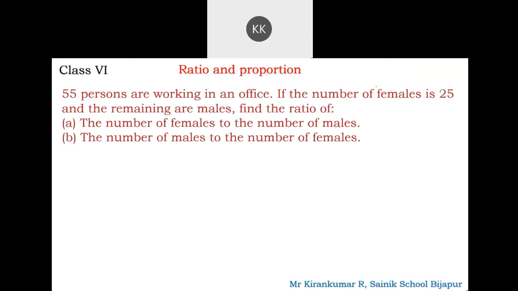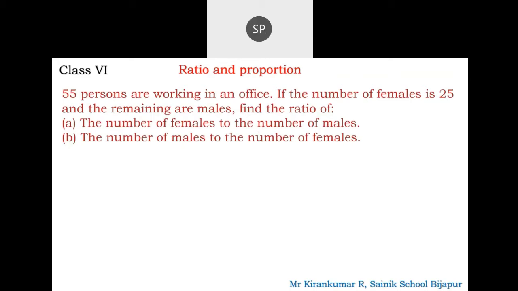Here is another question. Try to understand the question here. 55 persons are working in an office. If the number of females is 25 and the remaining are males, find the ratio of the number of females to the number of males. That's the first one. In the second one, we are finding the number of males to the number of females.